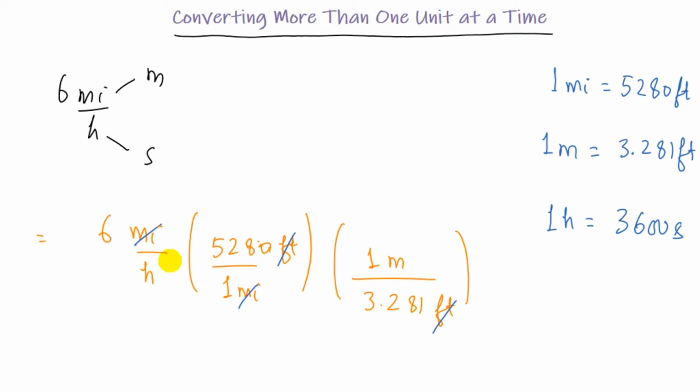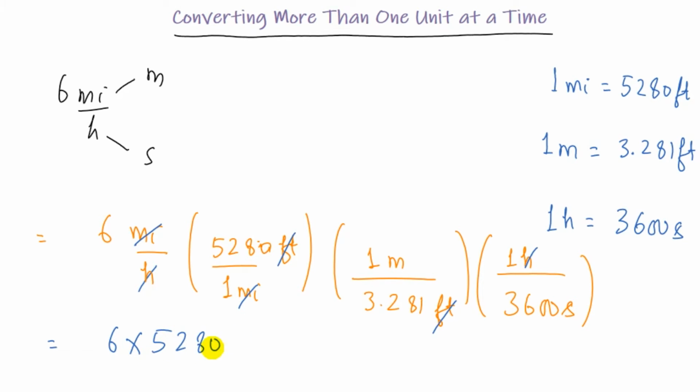Now next we can convert hour into second. So we know that 1 hour is equals to 3600 seconds. So this hour and this hour will cancel out. So on simplification, we will get 6 times 5280, divided by 3.281 times 3600, and this is in meter, so over this will be second.